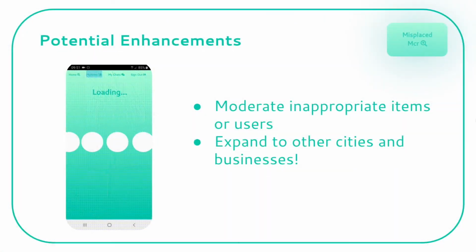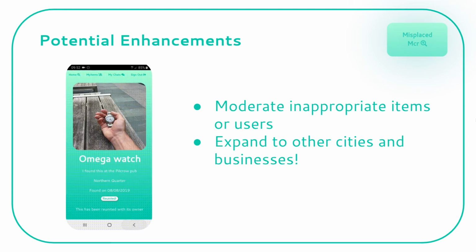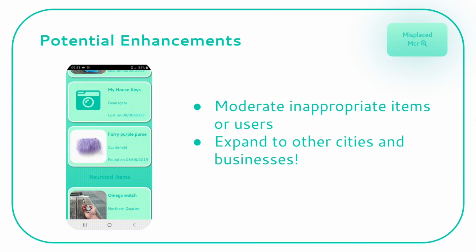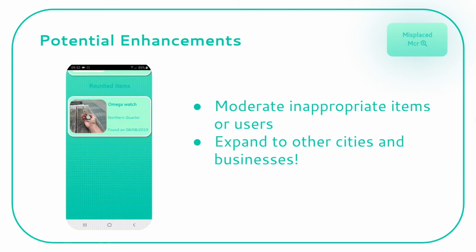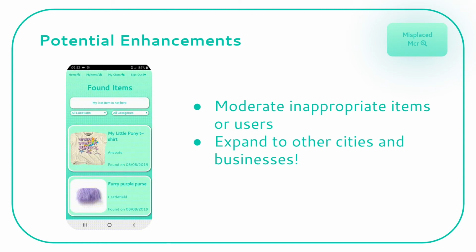So just to quickly wrap up, as you all know, we have quite tight time constraints when we're creating these apps. So there were a couple of things that we would have liked to implement that we didn't quite have time for. We were all aware from the start that it could be open to abuse from some unsavory characters who might want to post some dodgy items or even claim things that weren't theirs.